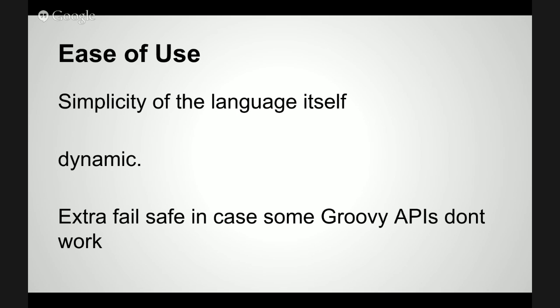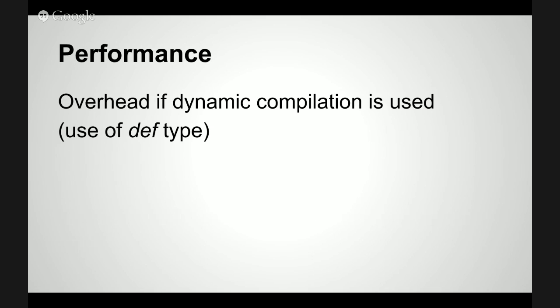All right, so basically what I've talked about when it comes to performance: Groovy isn't exactly that optimized, just because the dynamic compilation is there. You can use the CompileStatic annotation in your classes.